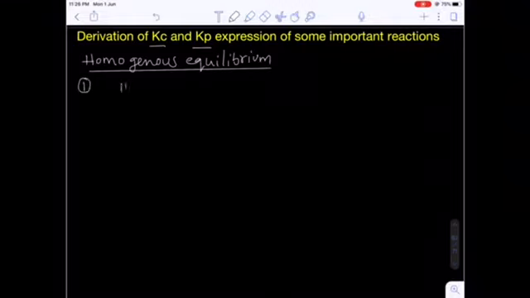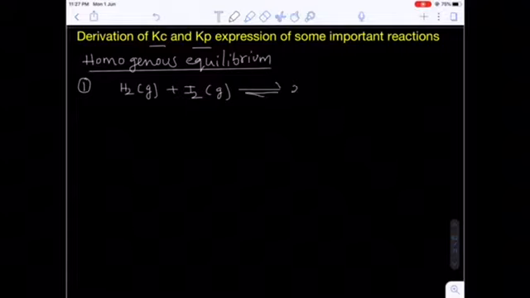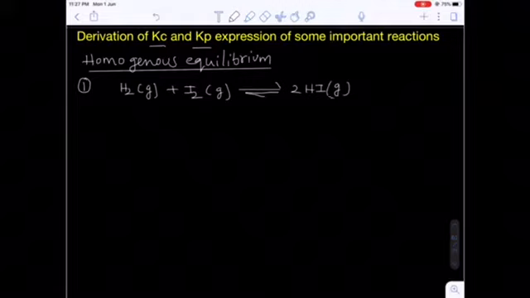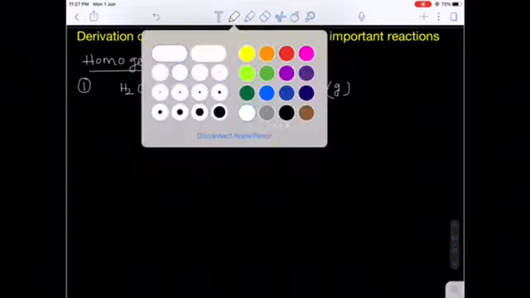Now the first example: hydrogen combines with iodine to form hydrogen iodide. This is a homogeneous equilibrium. How to derive the Kc or Kp expression for this reaction?